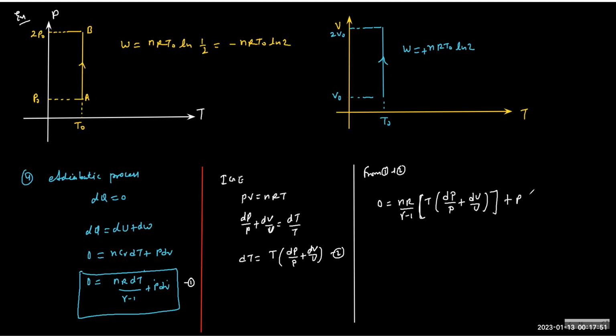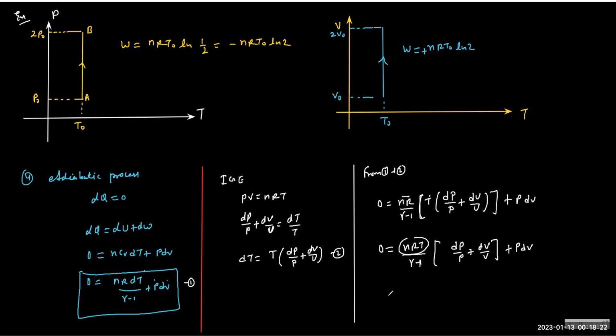But okay, the differential is now in 2 variables, but the T is there. That's not a problem because nRT becomes PV from the ideal gas equation, right? So no need to worry, right? So what we're going to get here, dP by P plus dV by V, and nRT can be replaced by PV.